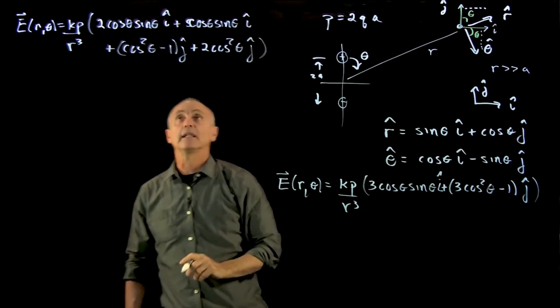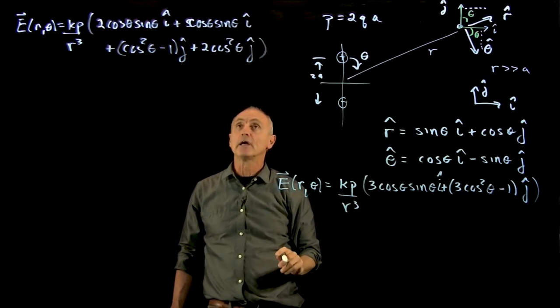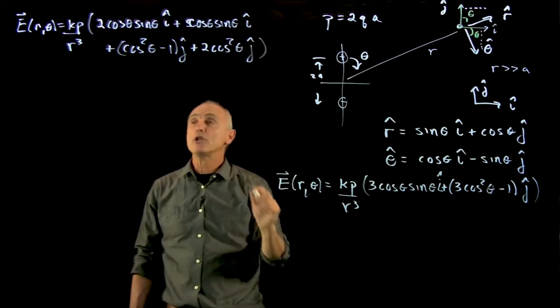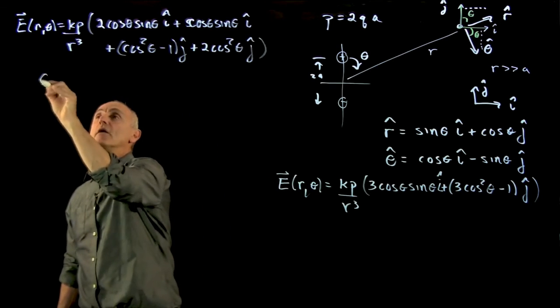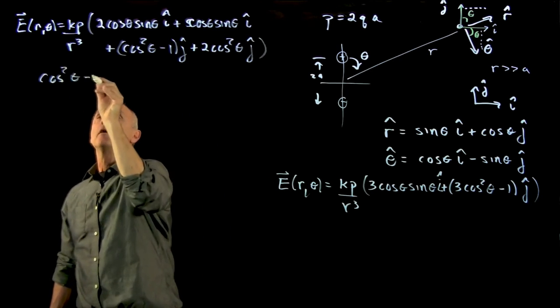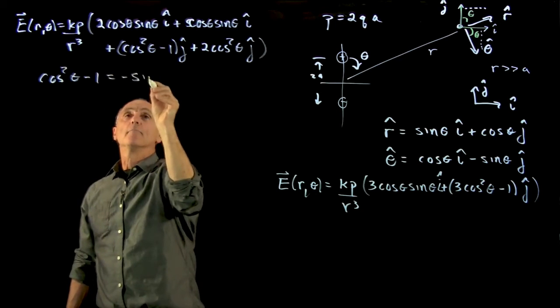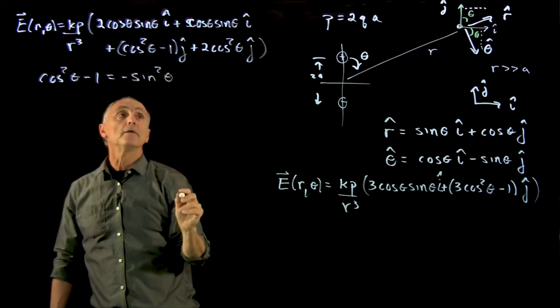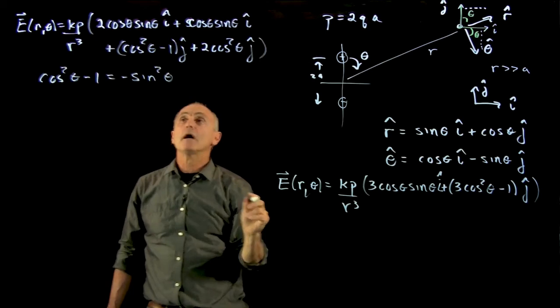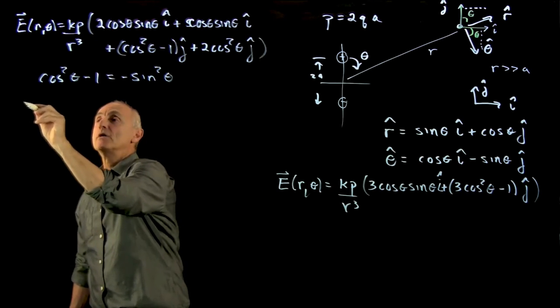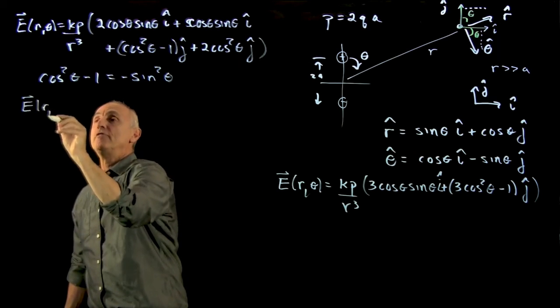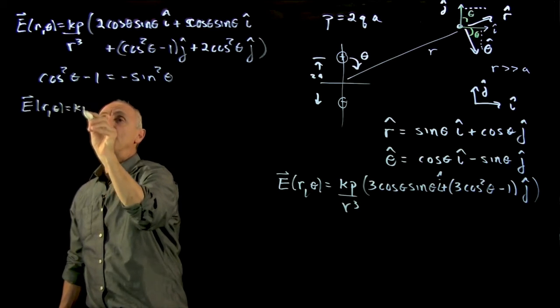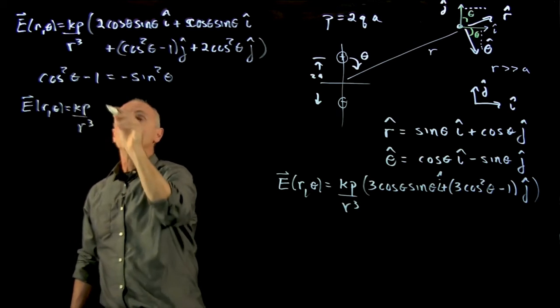Okay, that looks a little bit complicated at first. And now I'm going to use the trig identity that cosine squared theta minus 1 is minus sine squared theta. And I can rewrite my expression for our field as kp over r cubed.